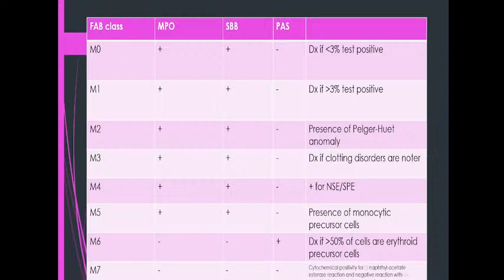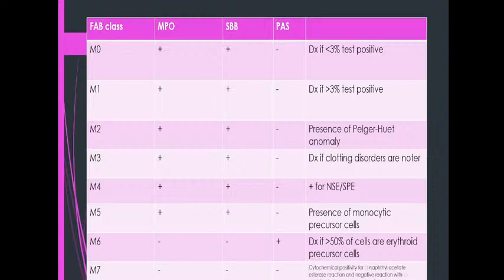My previous professor said it was Pelger-Hewitt anomaly. I don't know what's the correct pronunciation, but as long as you select the correct one in the exams, that's fine with me. So, what is the problem with patients who have Pelger-Hewitt anomaly? People not segment you. Very good. Alright, wonderful. Failure for the cells to segment.